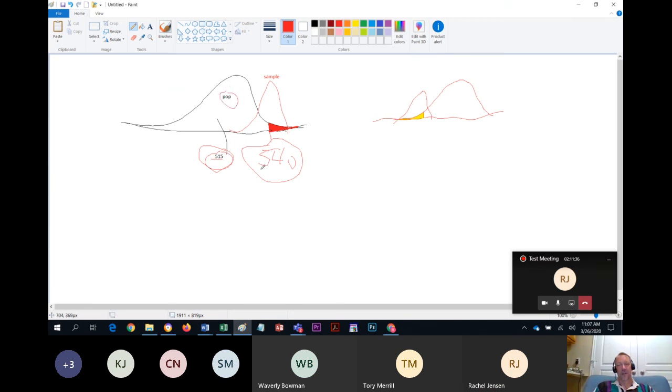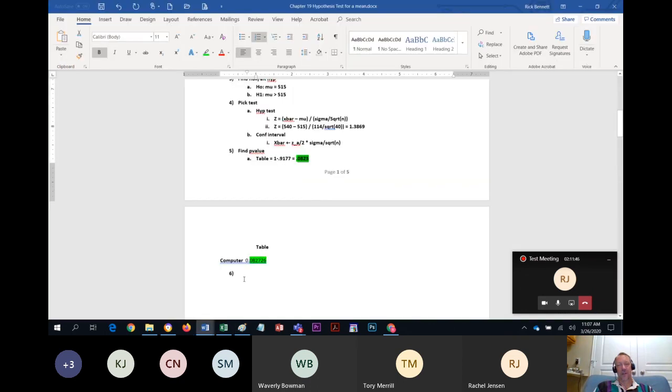Okay. Now, we got 540. So 540 seems like a really good score, right? And so that leads us to the next thing here. After the p-value, what's the next step? Compare p-value to alpha.